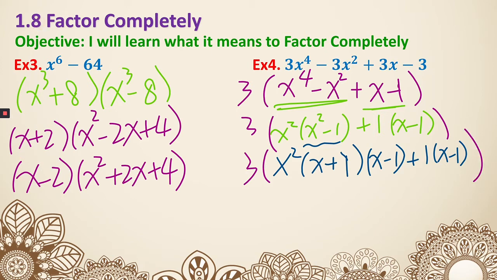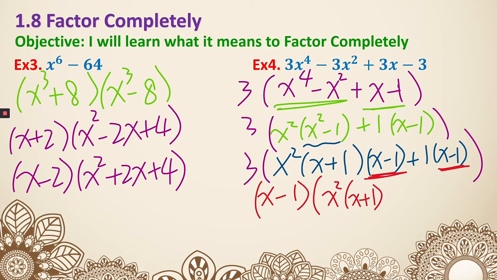Now for both parts, I can see for the first section and the second section, I have one parenthesis that has x minus 1. That means I can factor that out. So I have x minus 1 taken out. Then what's left is going to be this x squared times x plus 1, plus 1. But again, we still have this 3 on the outside.